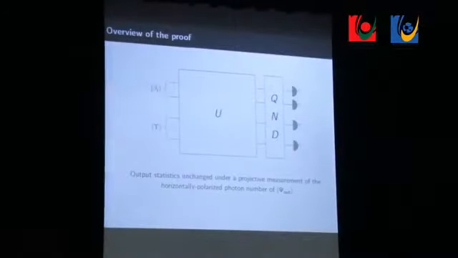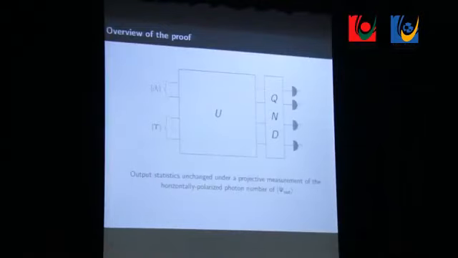So I make a QND measurement of the number of horizontally polarized photons. Basically I measure the lambda I was discussing before. It's surprising to do that. I'm a bit of a stupid theoretician, because I could extract all this information in the real measurement I do later. So I add an insanely complex measurement which doesn't give me any information. Why I'm doing that is because, with the restriction of this polarization preserving interferometer, they commute.